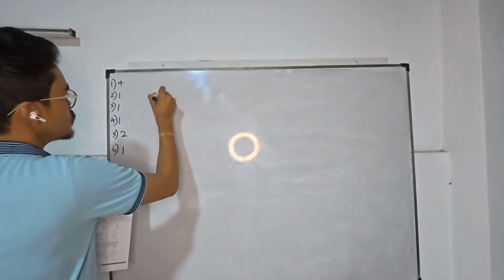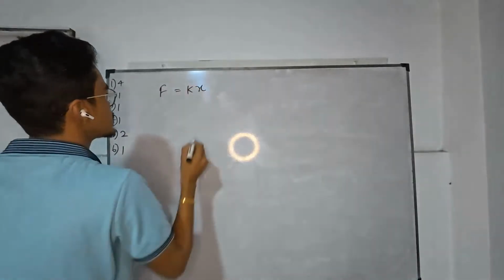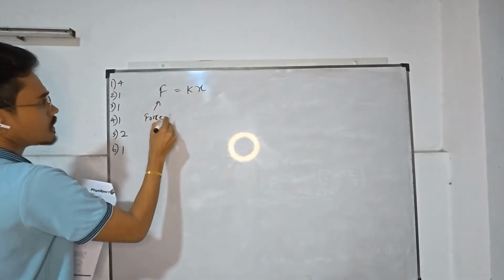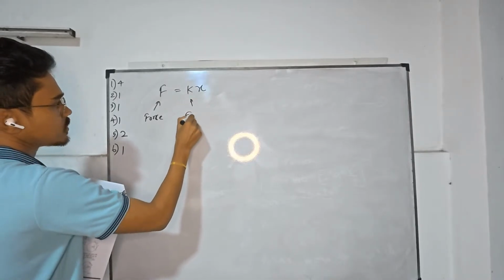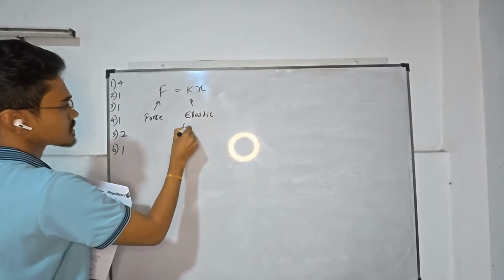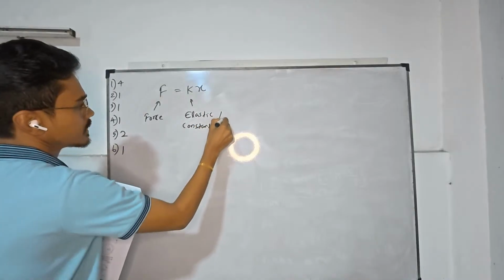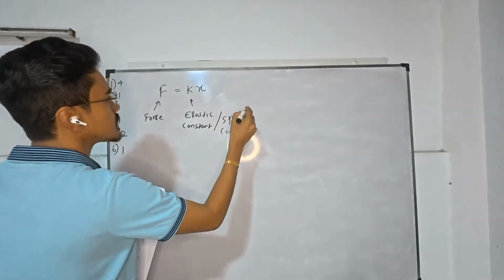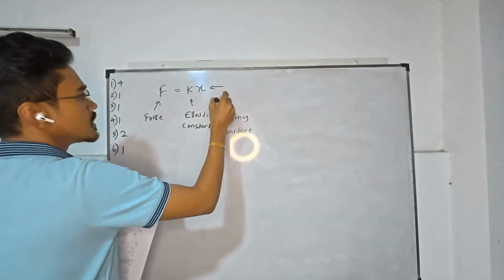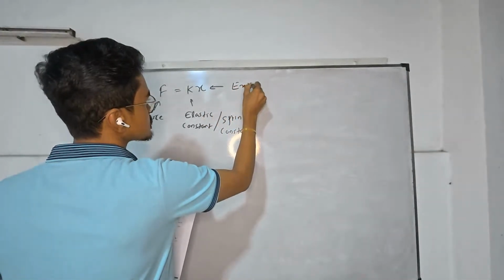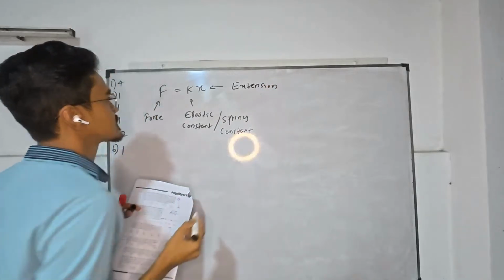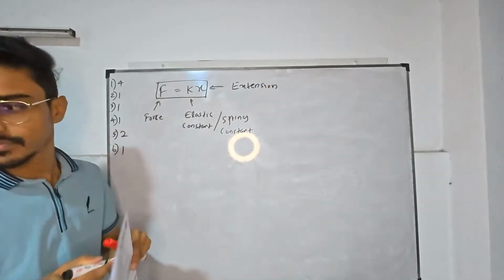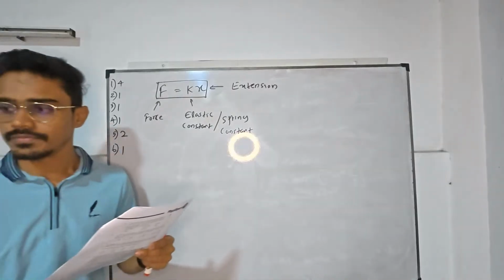F is force, k is the elastic constant or spring constant, and x is called extension. This is called Hooke's law.